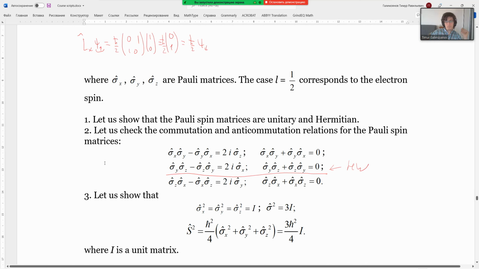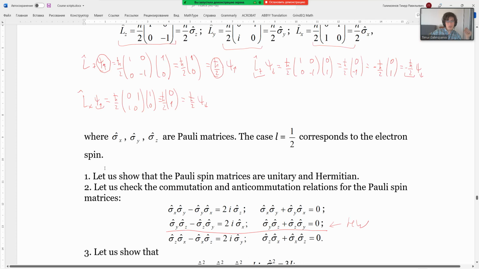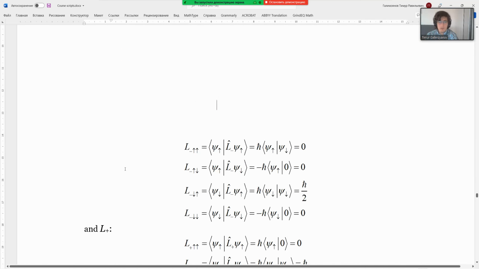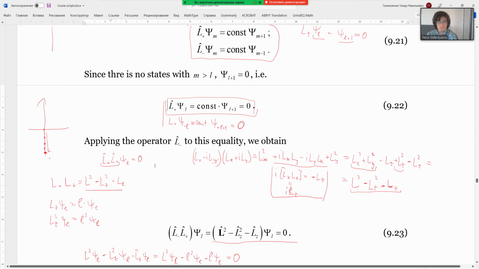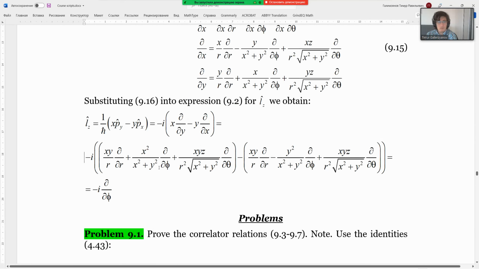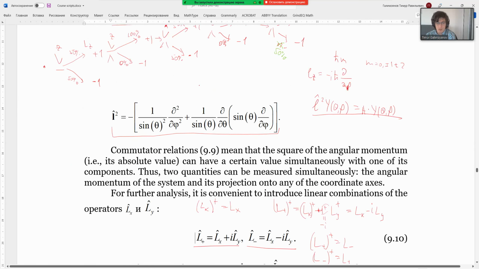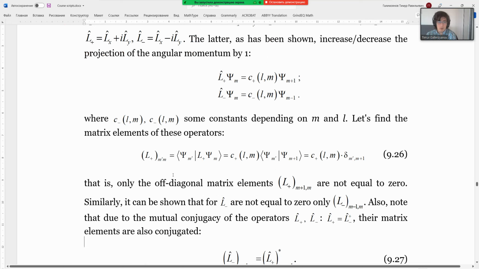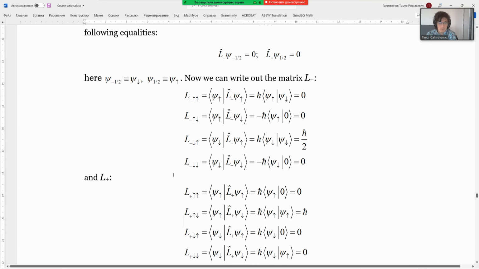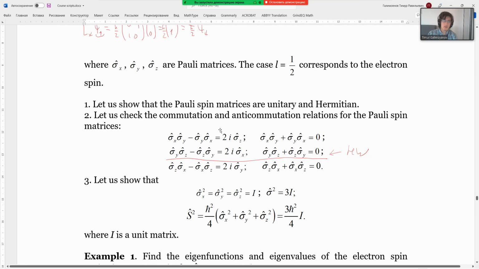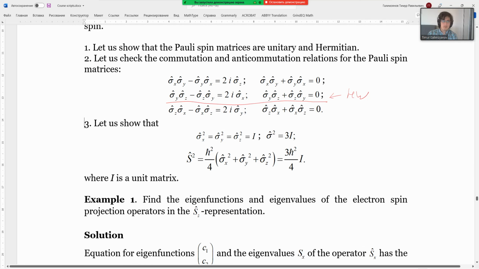Actually, the Pauli matrices satisfy the same relationships as the angular momentum. Well, this is obvious because angular momentum is given by them in matrix representation.